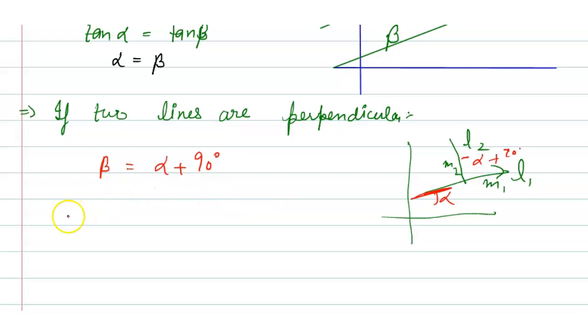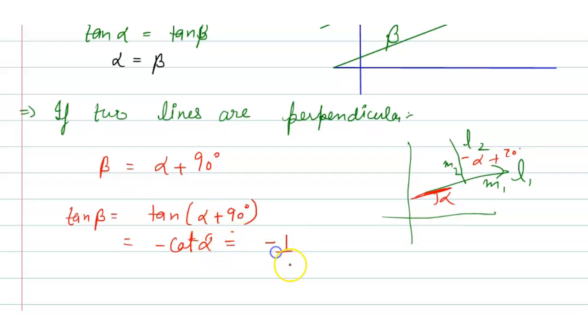So we can write tan beta is equal to tan of alpha plus 90 degrees. It can be written as minus cot alpha, which is equal to minus 1 upon tan alpha.